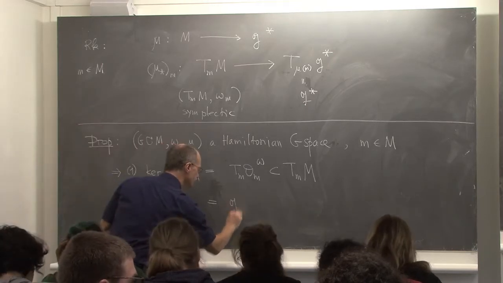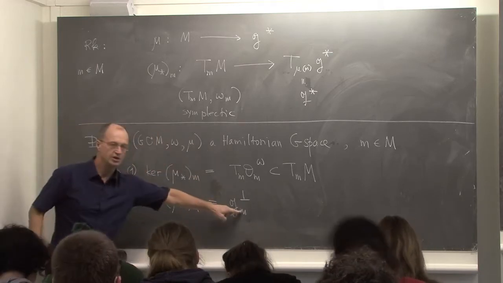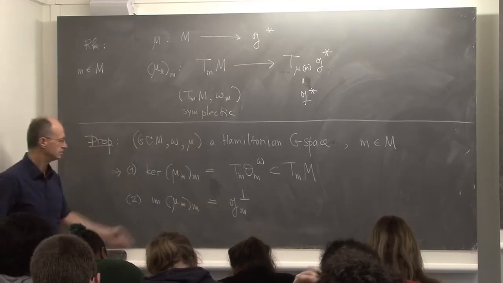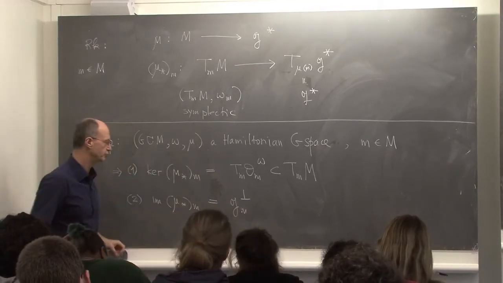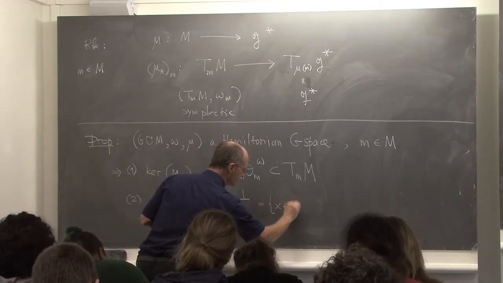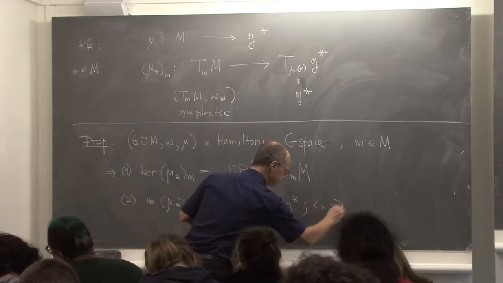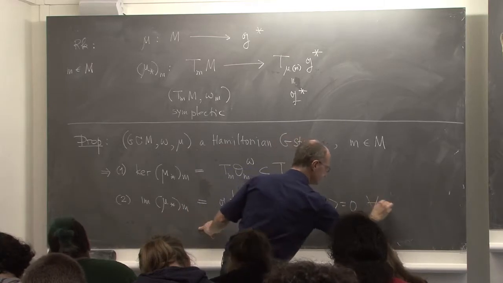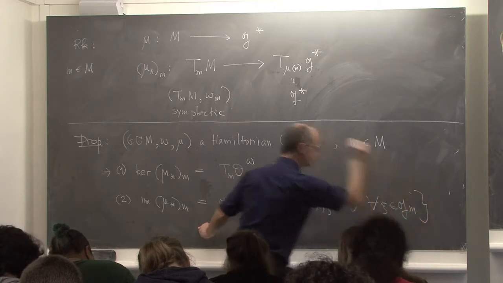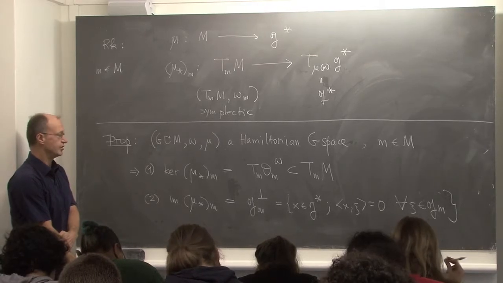So the image is the orthogonal of G_m, the Lie algebra stabilizer of the point m. And orthogonal, this means axes in G star such that, so these are vectors in G star which vanish on G_m.